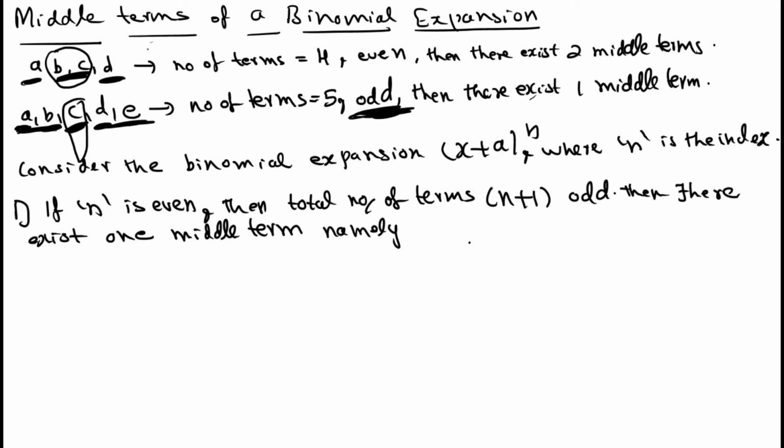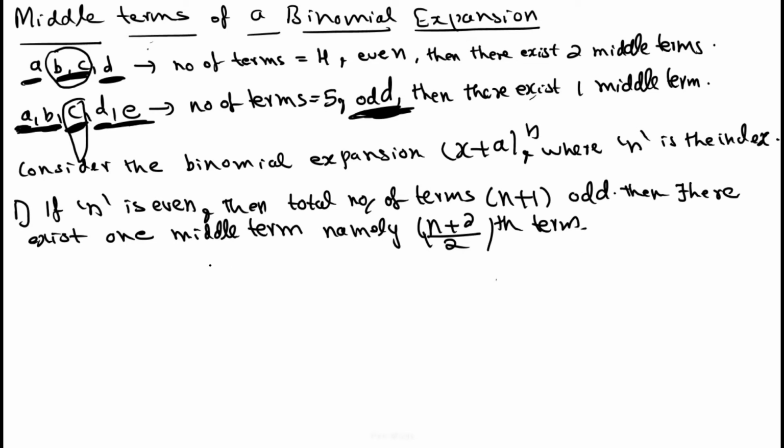So in the general case, if the index n is given and that n is even, the total number of terms is odd, then there exists only one middle term, namely the (n plus 2) divided by 2 th term. That means you can get a third term or fourth term or fifth term. This is not the value of the middle term. You are saying that the fourth term is the middle term, or the third term, or the fifth term. So it's a formula for finding the middle term in case the index is even.